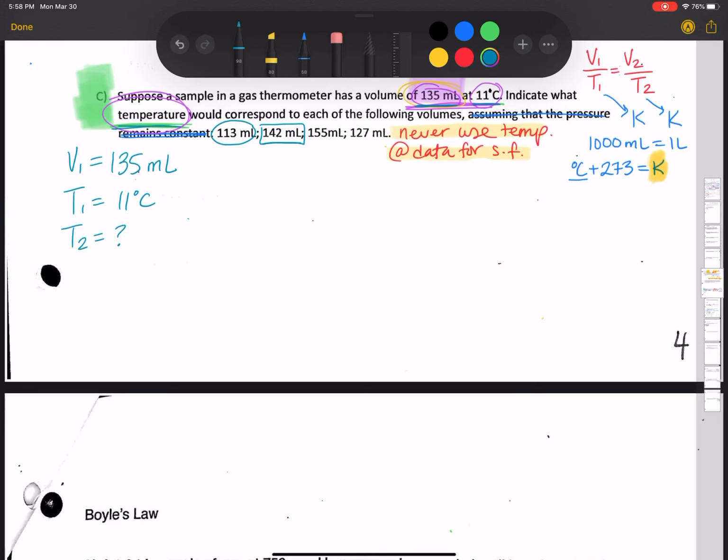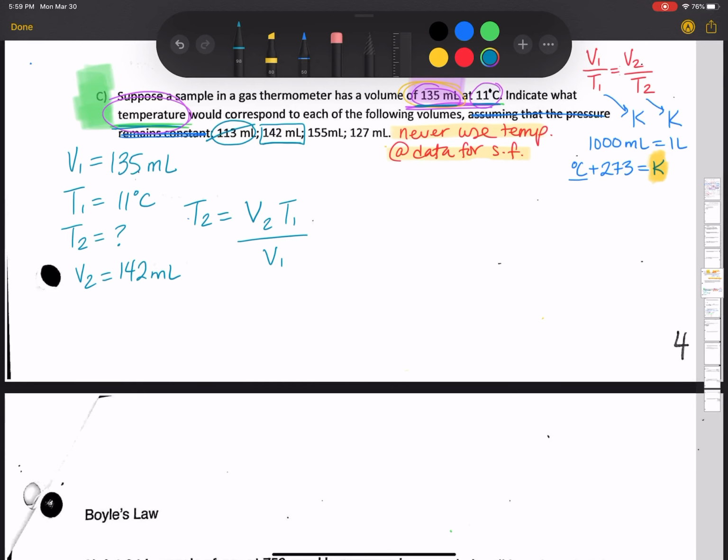I had already solved for 113 milliliters. That was in the last video. Now I'm going to focus on my new volume, which is 142 milliliters. I already know from isolating my variable that T2 is going to end up equaling V2 times T1 over V1.